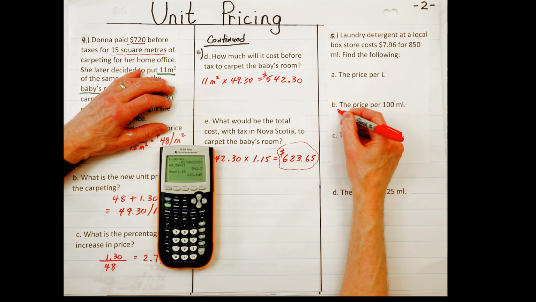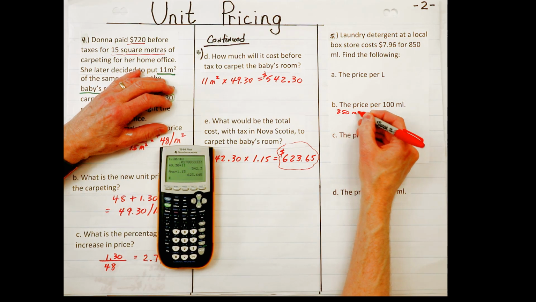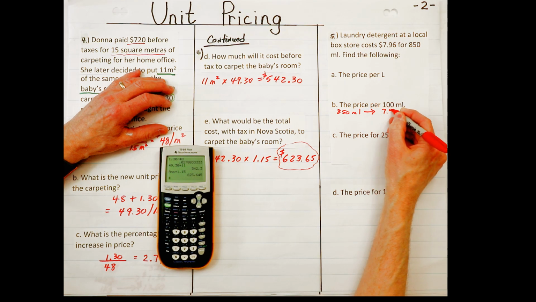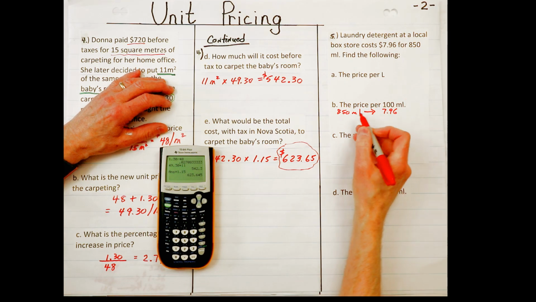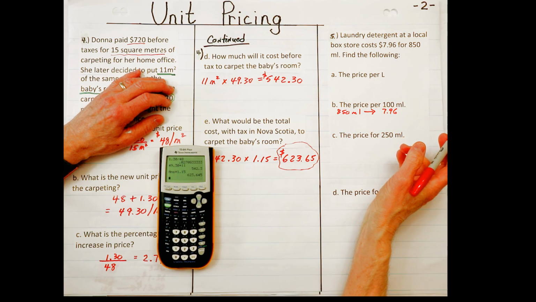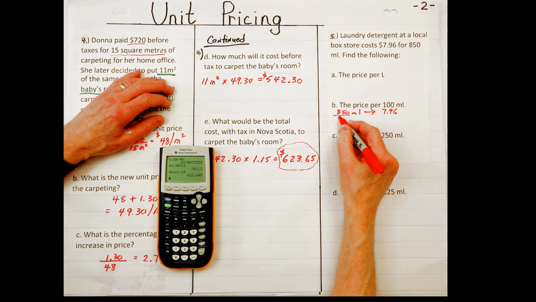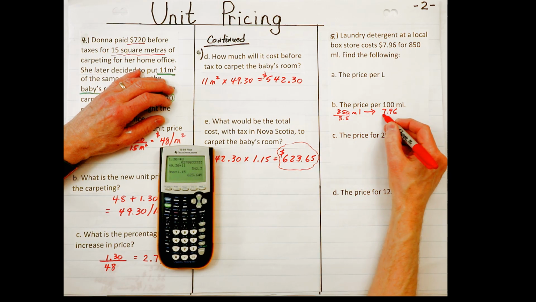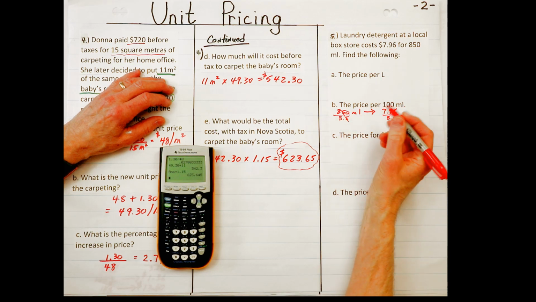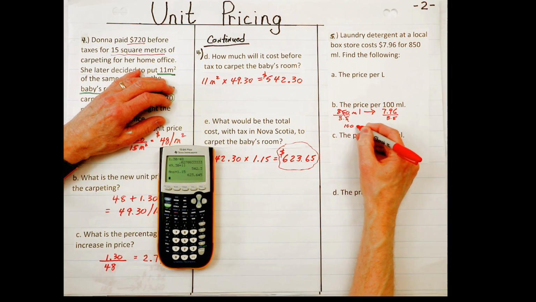So 850 mils cost $7.96. What do we have to divide 850 by to get 100 mils? We have to divide by 8.5. So then we divide by 8.5 over here, and that gives us 100 mils.